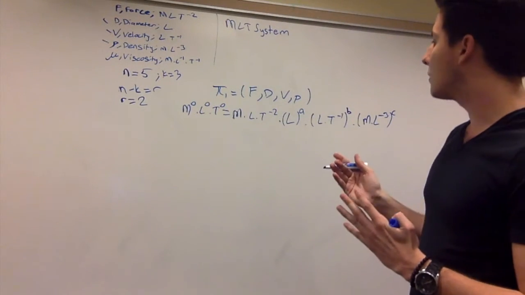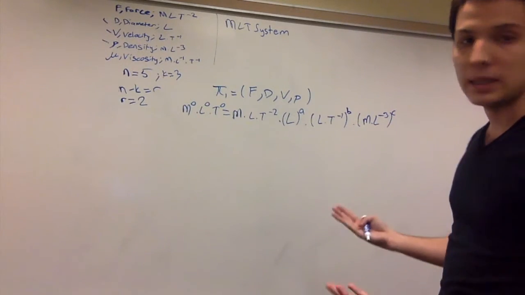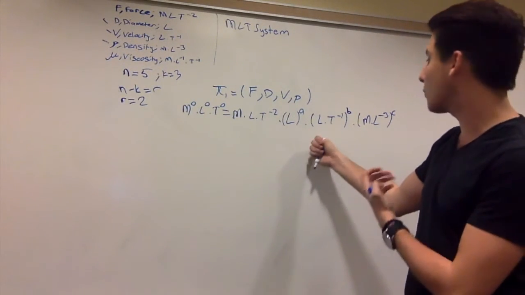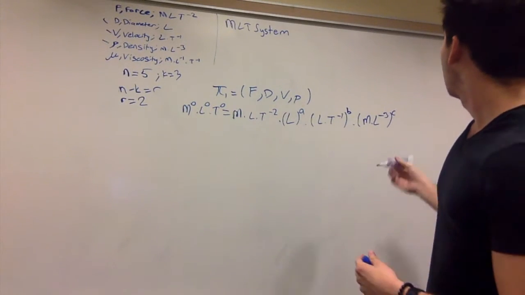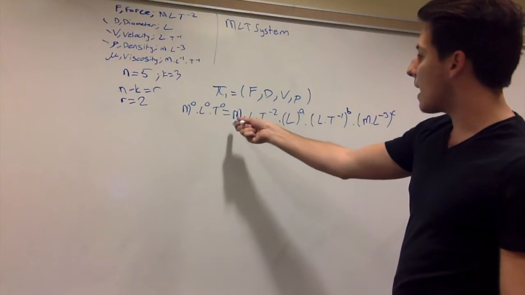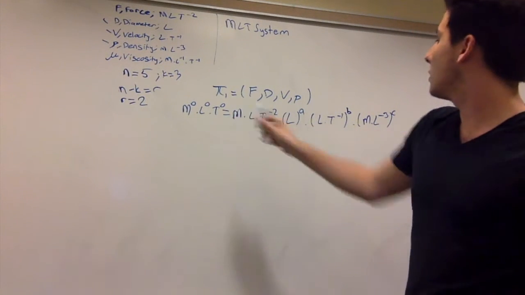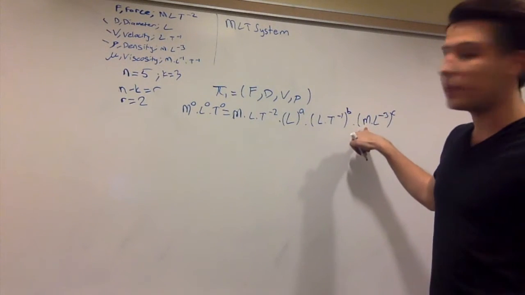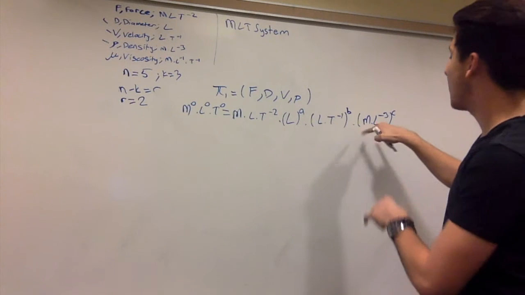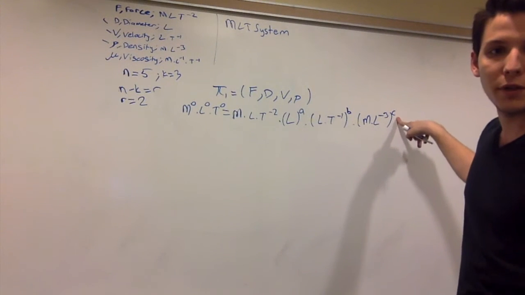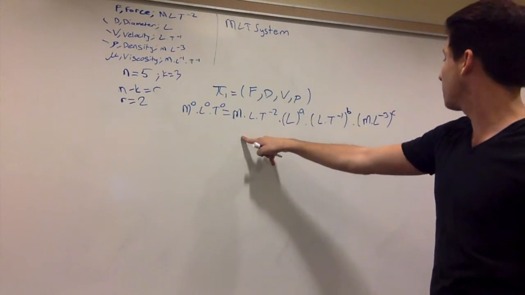So now what we have to do is eliminate the M's, L's, and T's, and find the coefficients a, b, and c. We have only one M term here. How do we eliminate it? We can eliminate it with density, because the only other M is there.